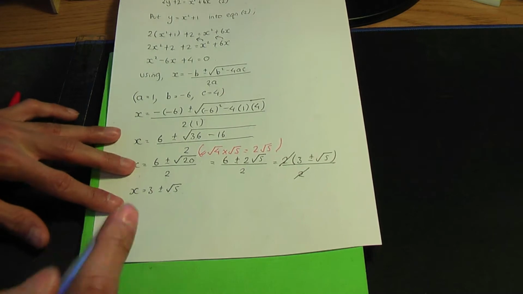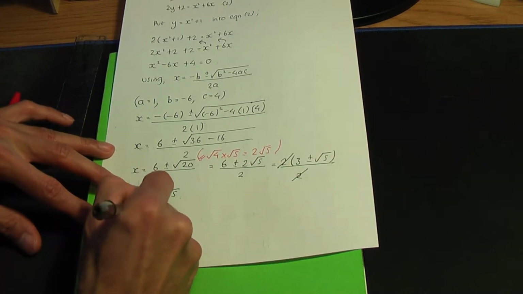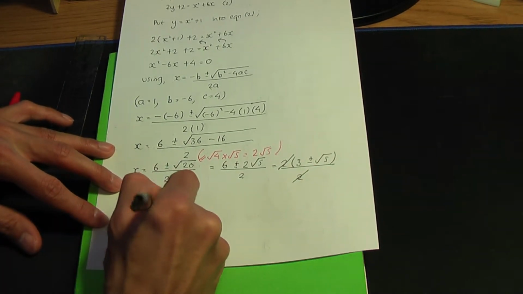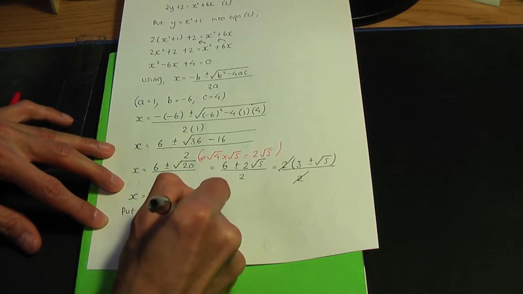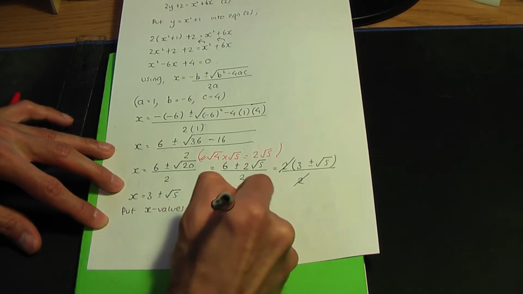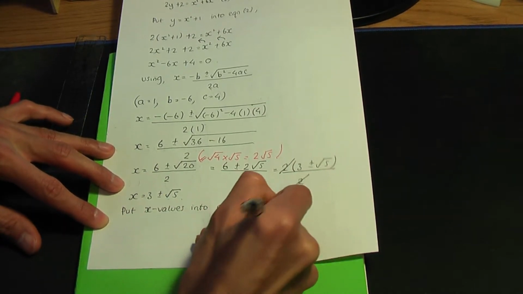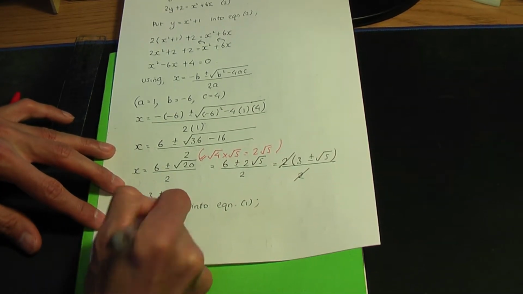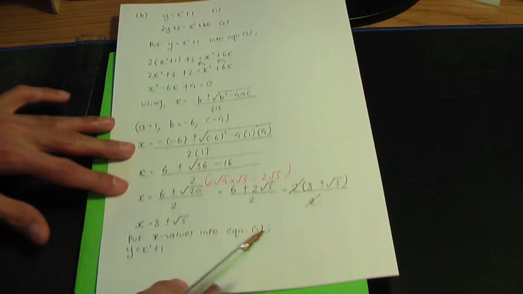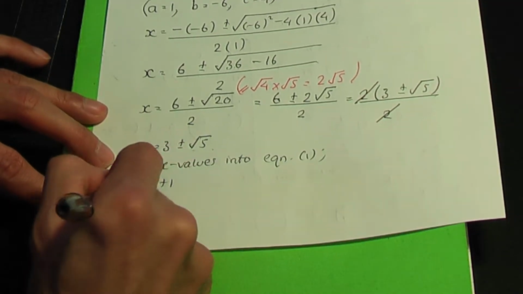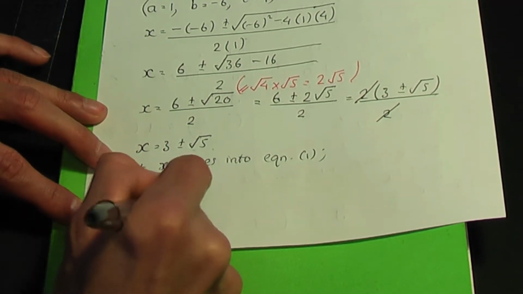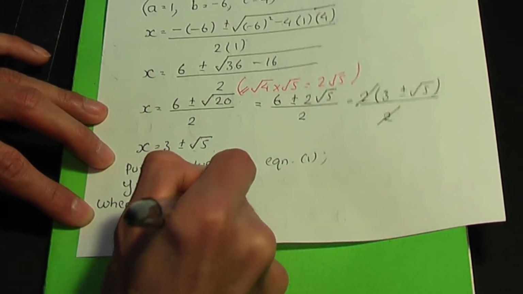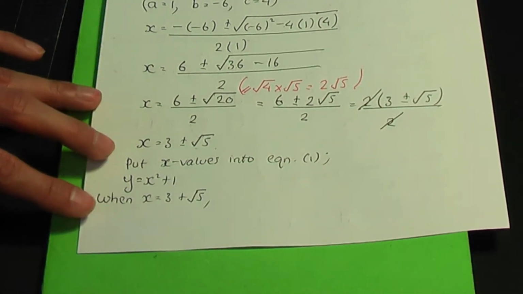So if I put the x values into equation number 1, so 1 is y is equal to x squared plus 1, so that's equation 1. So first of all, let's see what happens when x is 3 plus square root of 5.